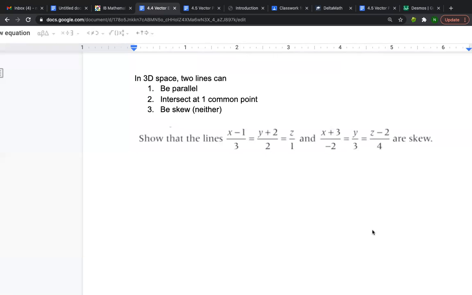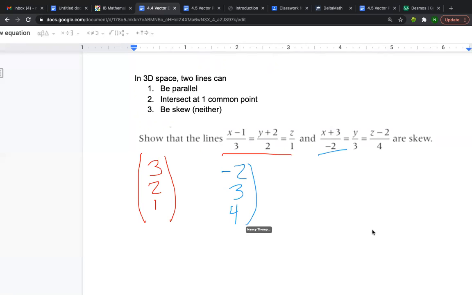So I just have to figure out what the directional vectors are of each of them. So this first one in red, its directional vector would be 3, 2, 1, just the denominators right there. And the second one would be -2, 3, 4. These two things are not the same. Since they are not the same, I know it's not parallel.